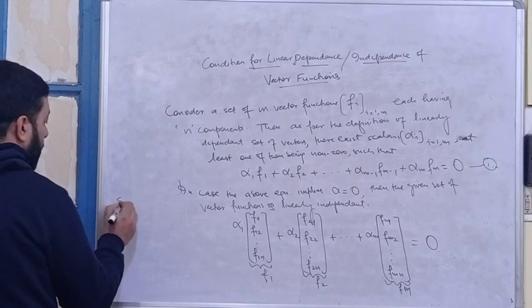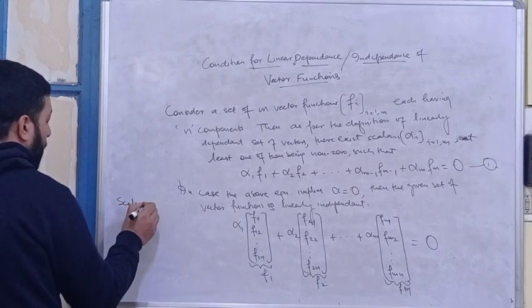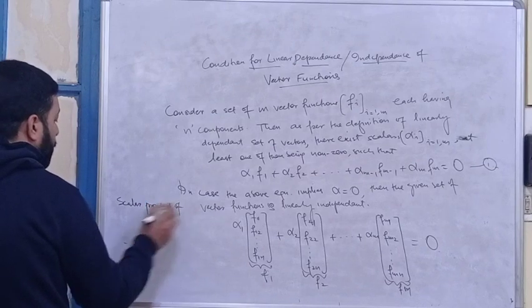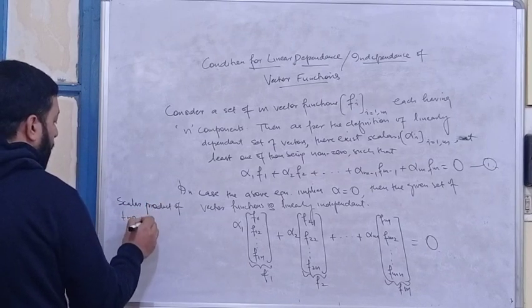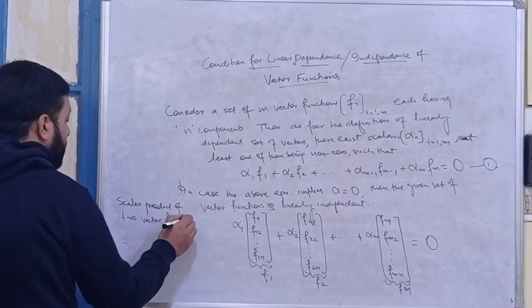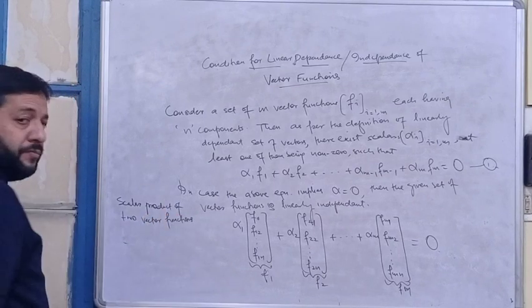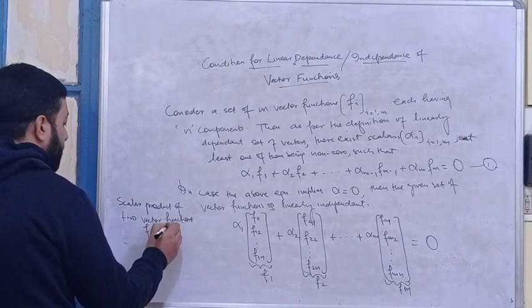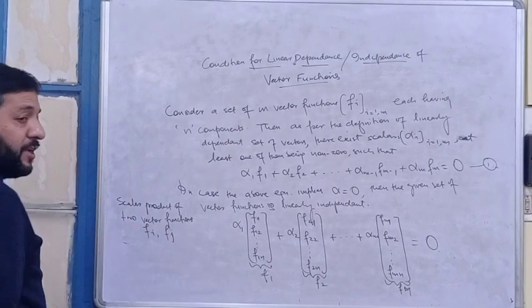Scalar product of two vector functions fi comma fj. They are both functions of time.